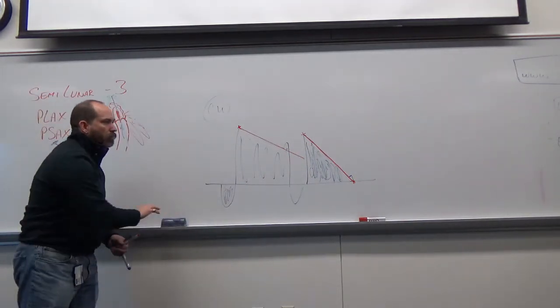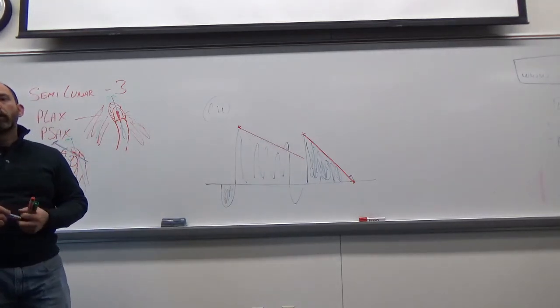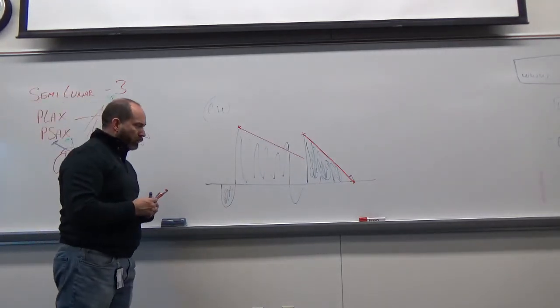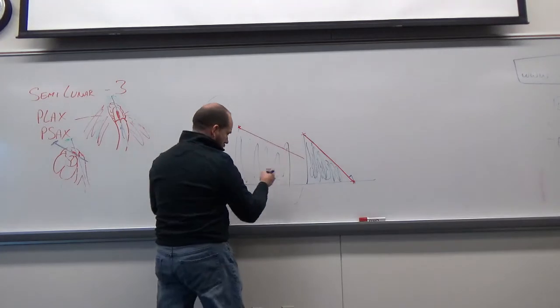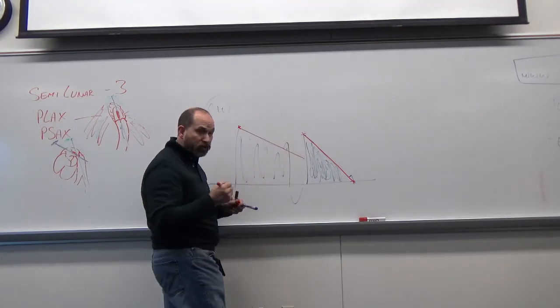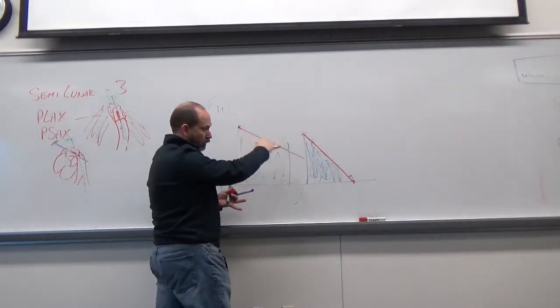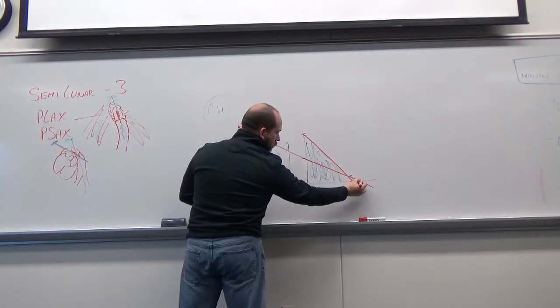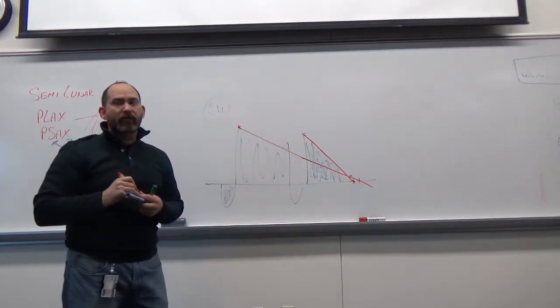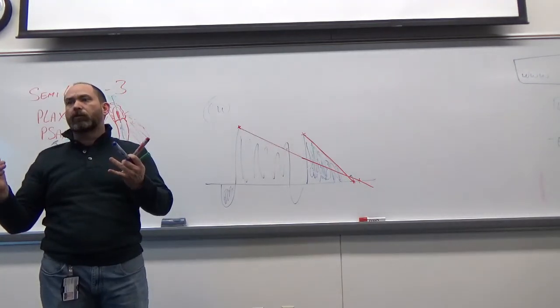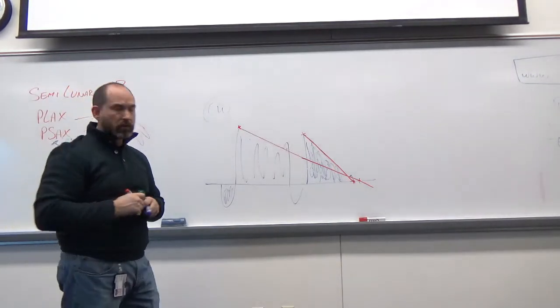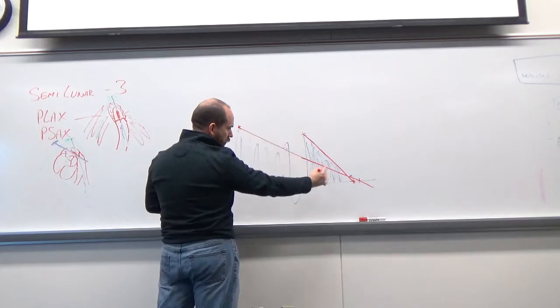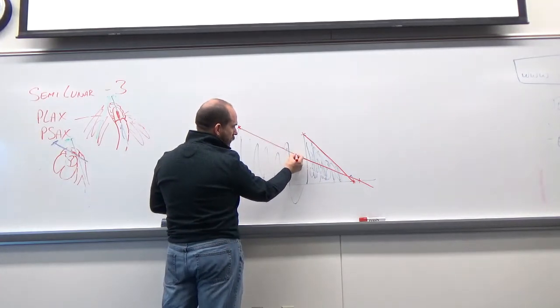So would you measure it all the way to the baseline for the mild one? Yeah. So the pressure halftime is extrapolated to there. Sometimes it actually runs off your screen if it's mild because it's so slow. In this case, it would be here. Pressure halftime is the time it takes for the pressure to drop in half. The computer determines where that halfway point is.